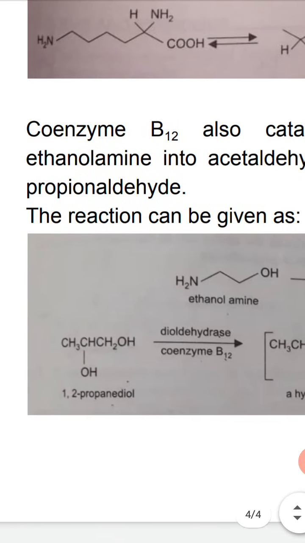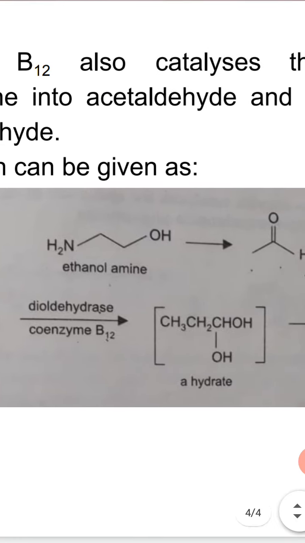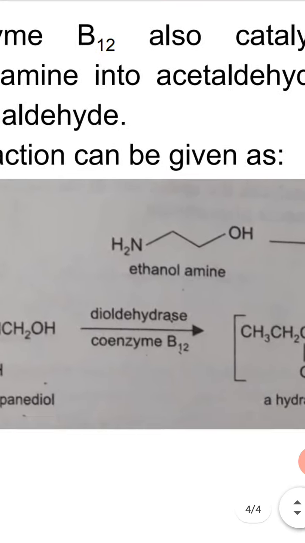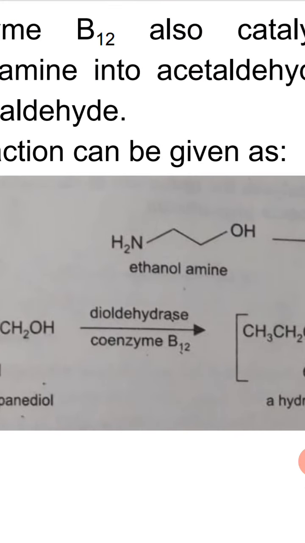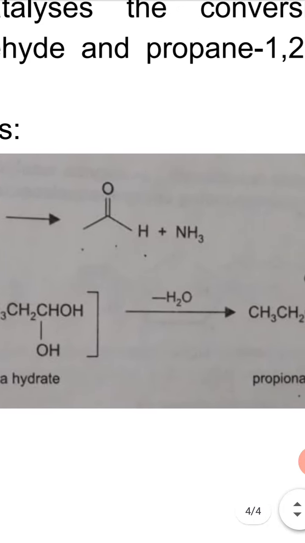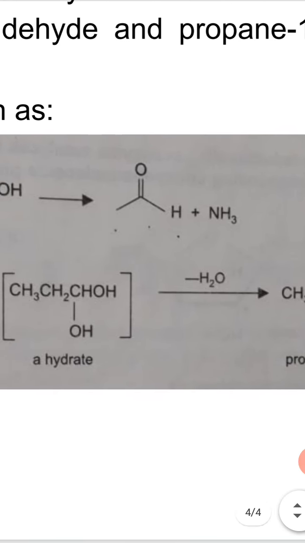In the second reaction, 1,2-propanediol is converted into propanaldehyde in presence of coenzyme B12. Through an intermediate, a hydrate is first formed, then after dehydration, propanaldehyde is formed.